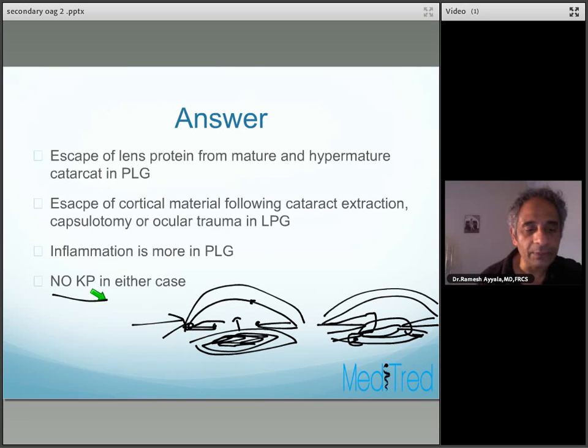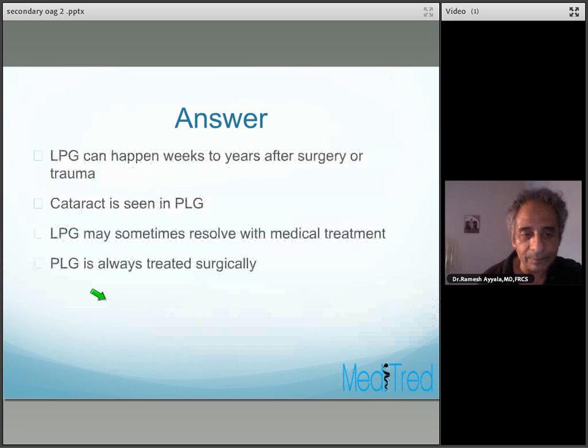Obviously, the treatment for both the situations is to take that cataract out. So the lens particle glaucoma can happen weeks to years after the surgery or trauma, whereas in the phacolytic glaucoma, you will always see the cataract.